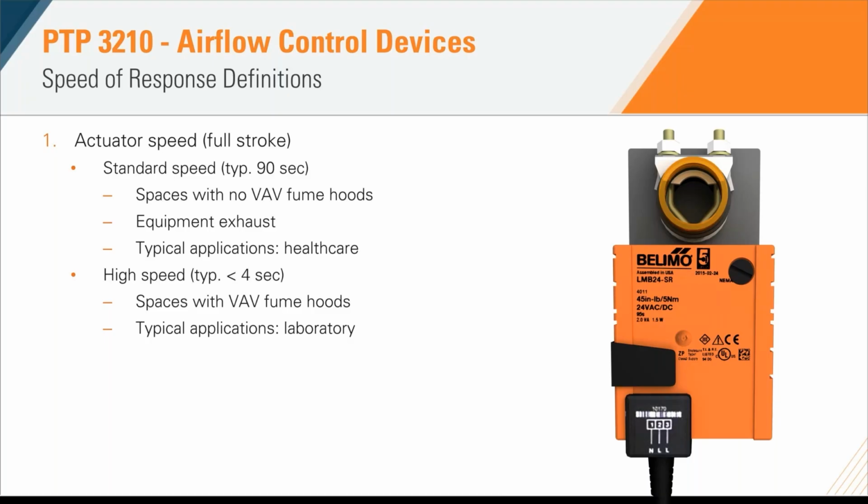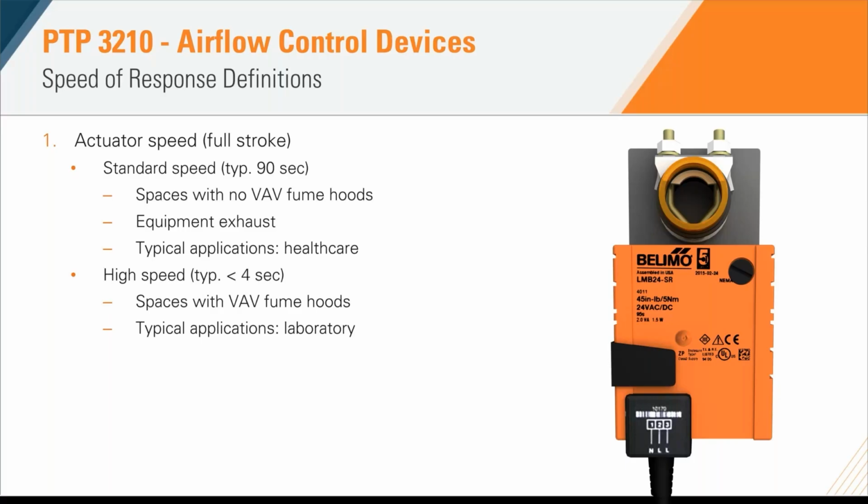These are typically spaces that don't have any fume hoods or equipment exhaust or any sort of air device that requires fast actuation. That typically falls under the healthcare realm, since in healthcare applications we're not necessarily driving for absolute speed, but more looking for stability in our control, stable operations.